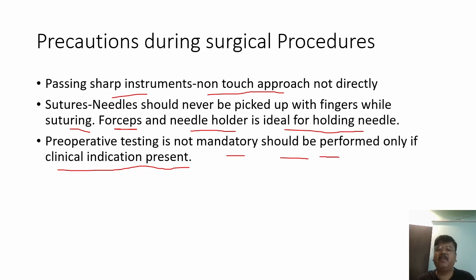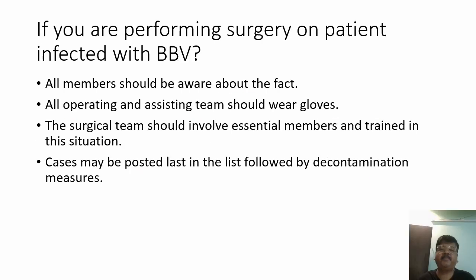And then how should we safeguard our healthcare workers? We should assume all patients as potentially infectious and take appropriate barrier precautions, using personal protective equipment while performing any surgeries.